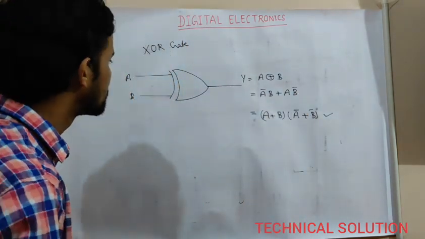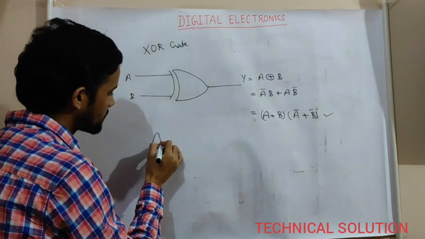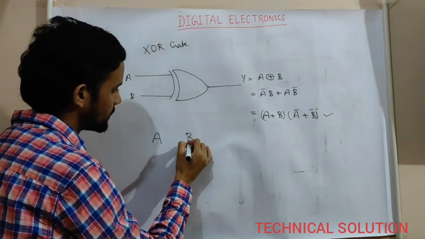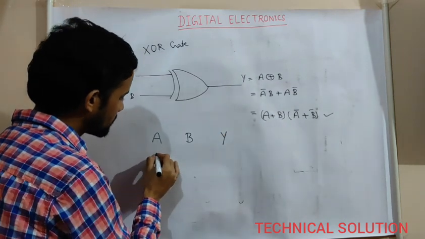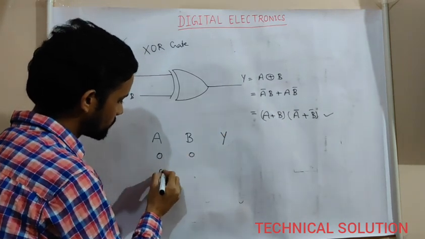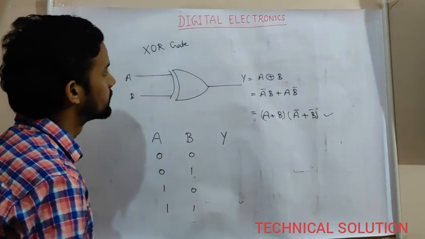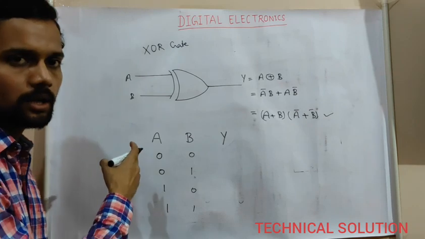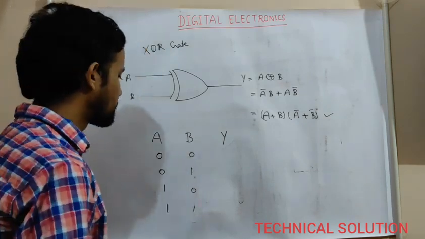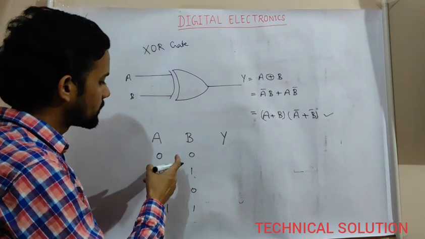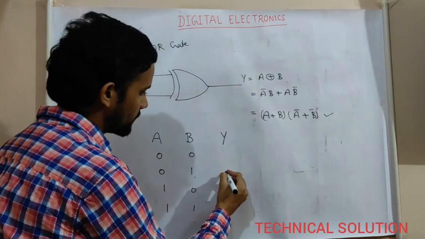And the truth table of XOR gate is given as: here is input A and B, the output is Y, and inputs are 0 0, 0 1, 1 0, 1 1. This XOR gate is also known as odd number of ones detector. If there are an odd number of ones in the input, then output becomes 1.